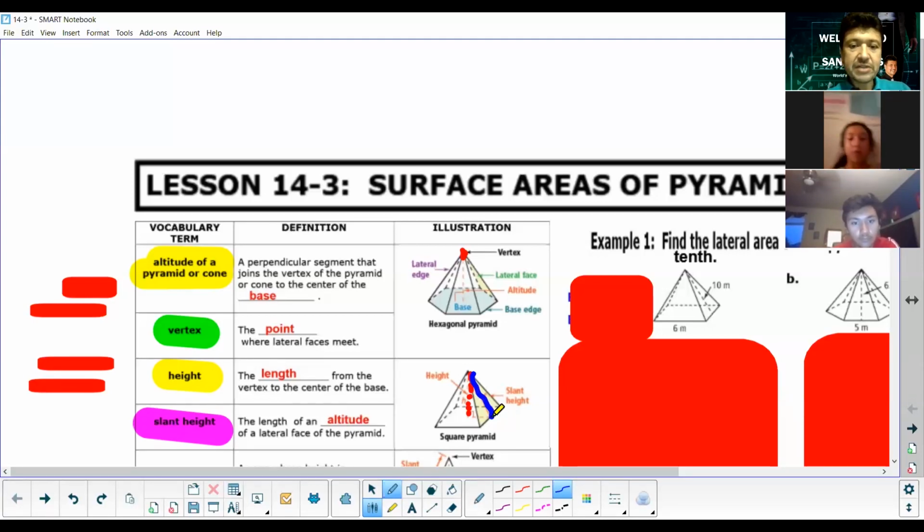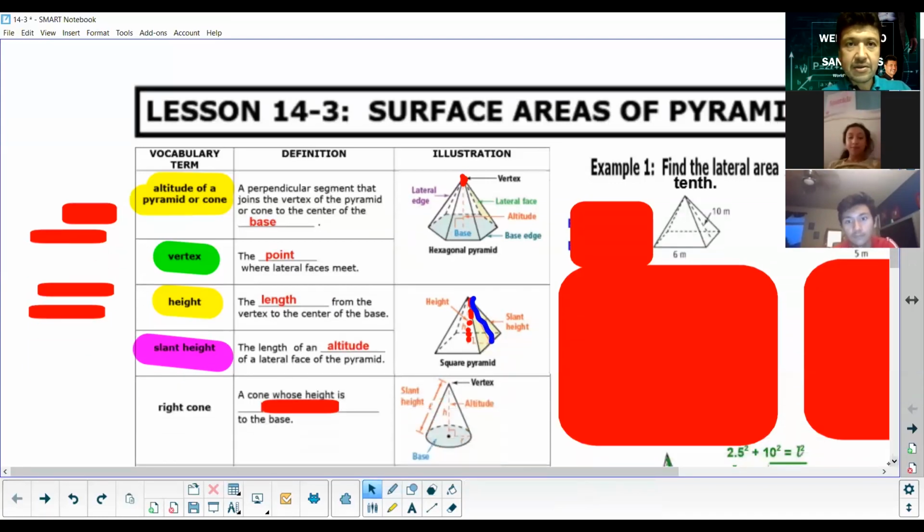Many of your equations are going to use that one. You would think they're using height, the red one, but in this case, it's the blue one I'm shaking around. It's very important that you're able to discover that slant height so you can use the equations.